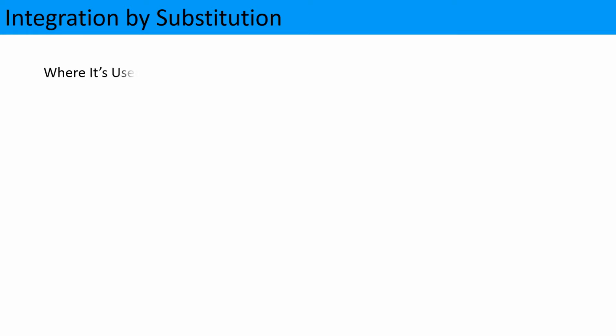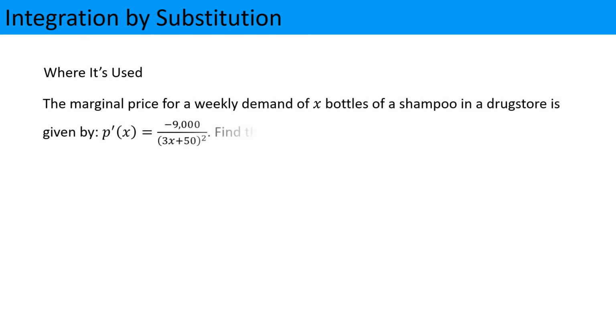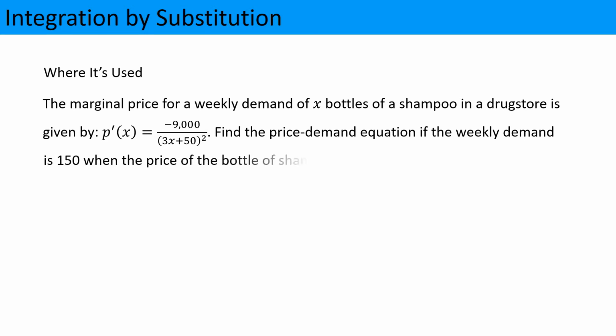Where is this skill used? Well, let's see. Here's an example. The marginal price for a weekly demand of x bottles of a shampoo in a drugstore is given by P prime of x equals -9,000 divided by the quantity 3x plus 50 squared.